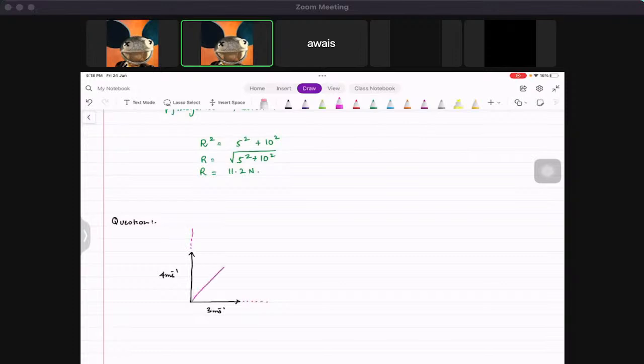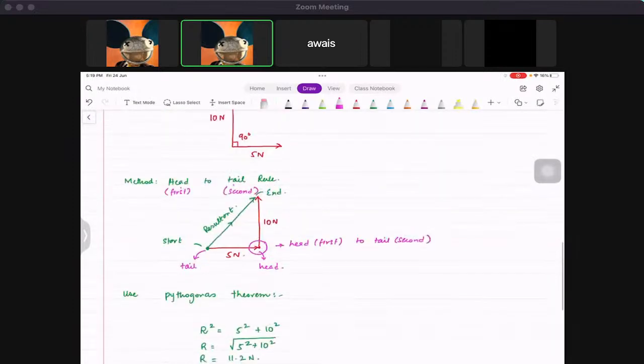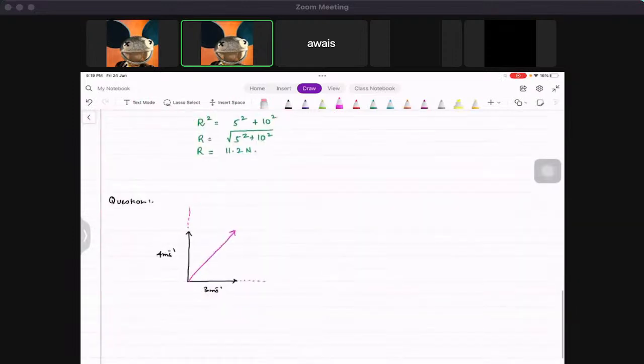Whether you make the head to tail rule or not, it would be somewhere in the middle. So without even making the vector triangle, you can directly use the head to tail rule. This is the resultant. Directly use the Pythagoras theorem: 4 squared plus 3 squared under root gives 16 plus 9, that is 25, which is just 5. So the resultant could be 5 meters per second.